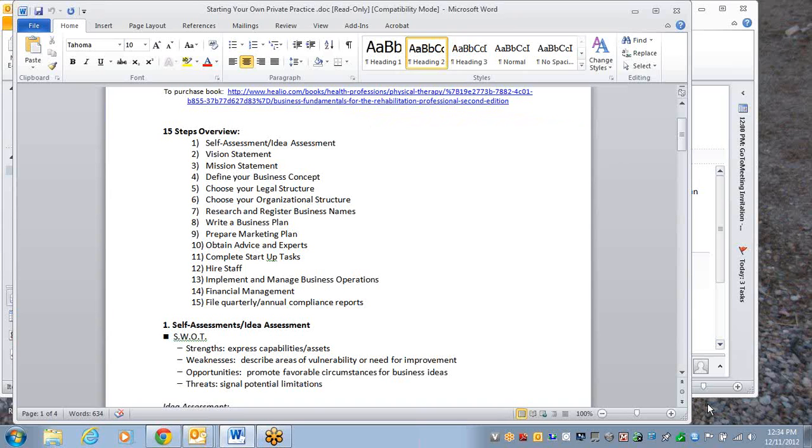Step number 5. Jamie: Can I interject? Yes. What do you recommend for us as students right now in developing our business concept? It looks like it's going to develop in stages, where maybe the first stage is more consultative in nature, and it maybe develops into a clinically based practice.